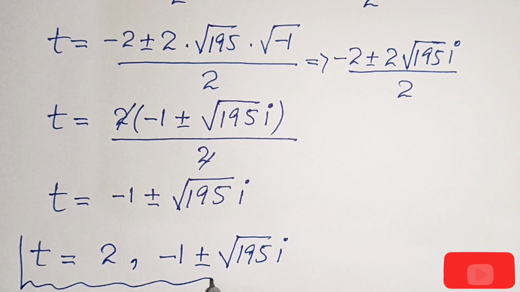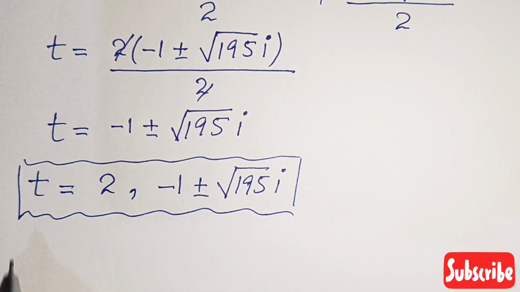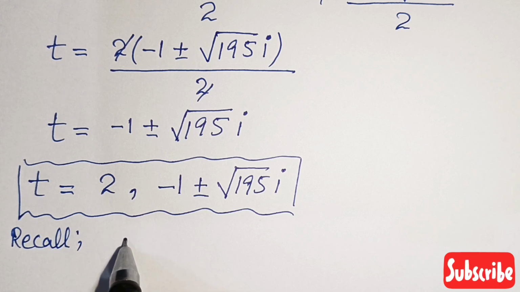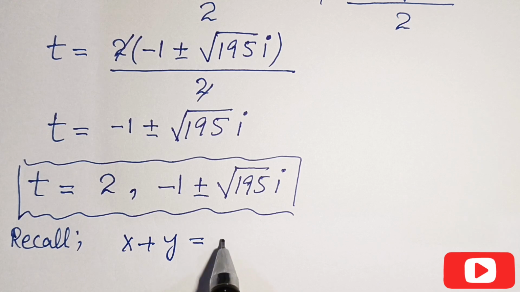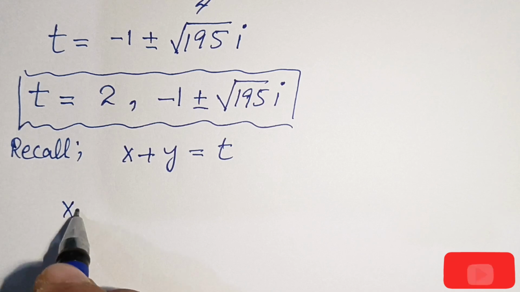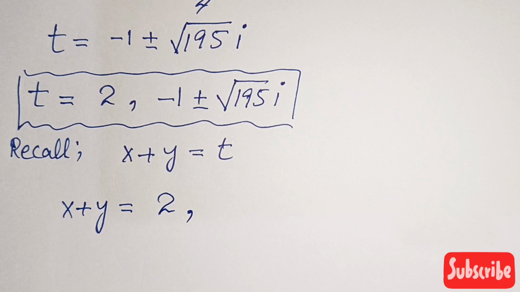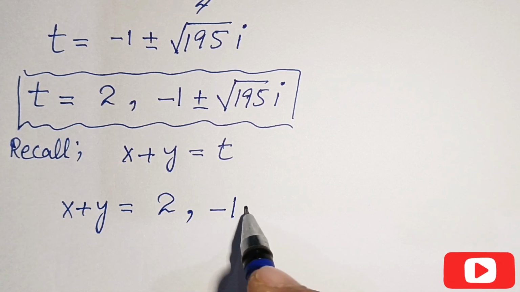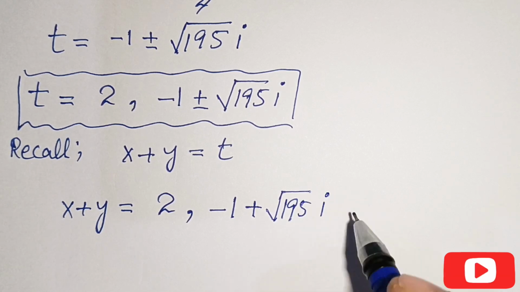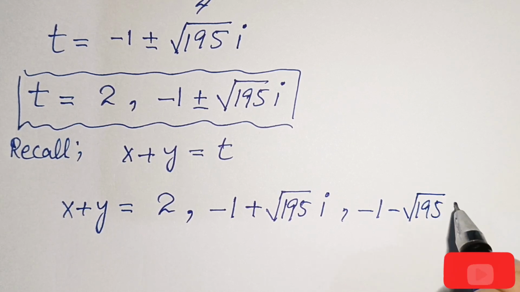Now recall our position here, that we have t is equal to actually x plus y. So x plus y is equal to t. Then values of x plus y will be, first solution is 2, which is a real solution, and second one is minus 1 plus square root of 195 i, and third one is minus 1 minus square root of 195 i.